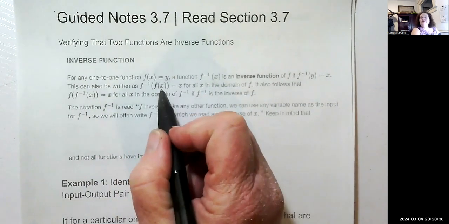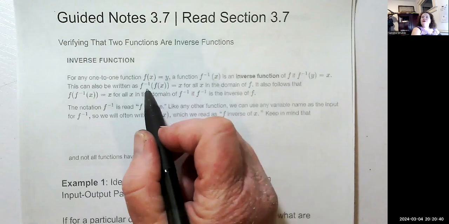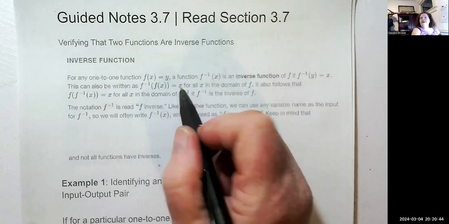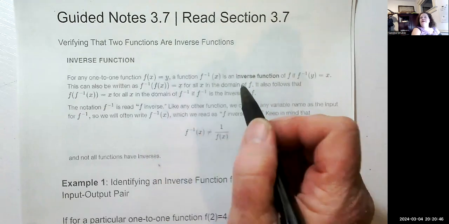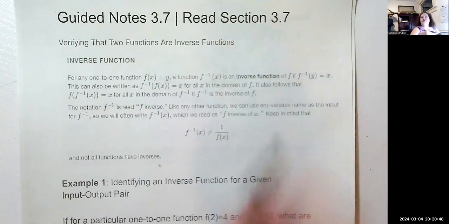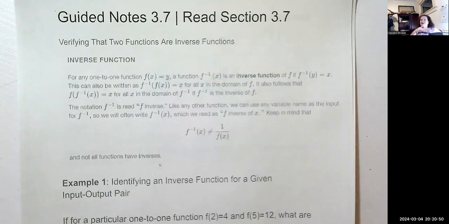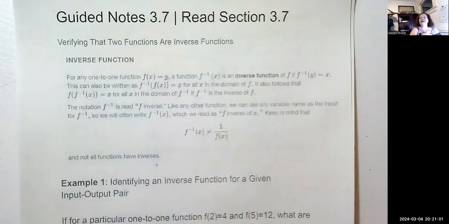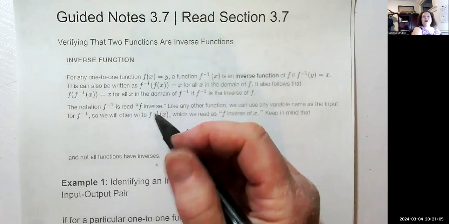This is big, because if you take the inverse of f of x, we're going to get x, for all x in the domain of f. It also follows that if you go the other direction, if we take the inverse of x, the inverse of f, and take the function of that, then we would get x.